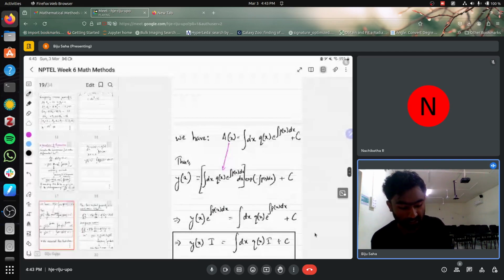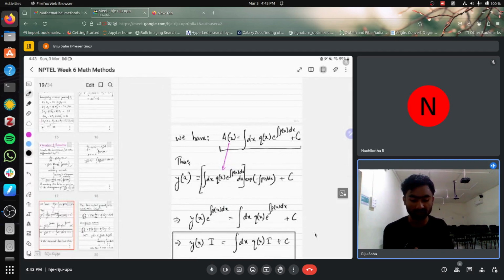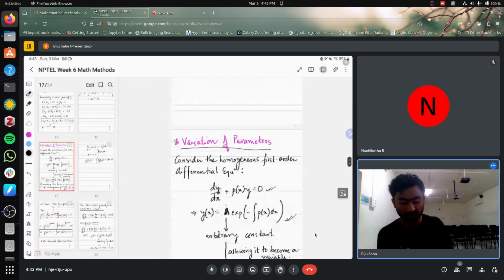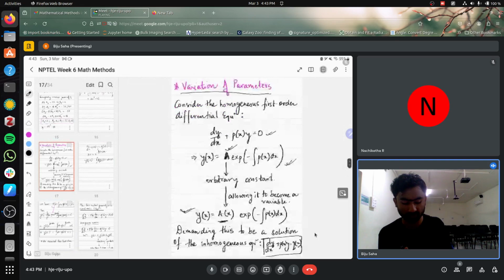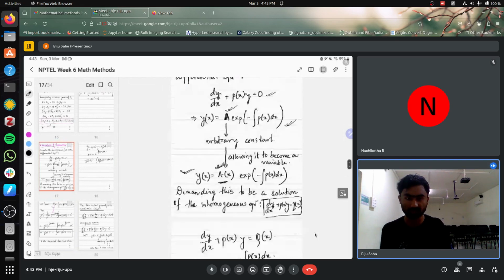We get a(x) to be of this form: the arbitrary constant in the homogeneous differential equation, A, we allowed it to become a variable and demanded that this solution as a whole is a solution of the inhomogeneous differential equation.